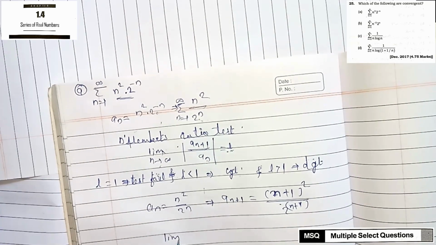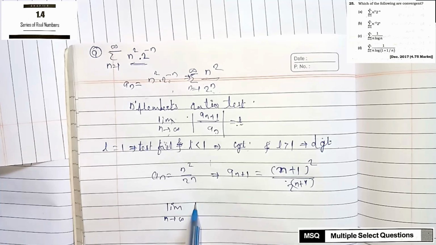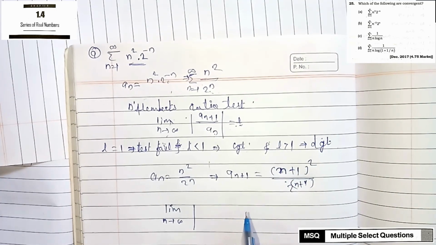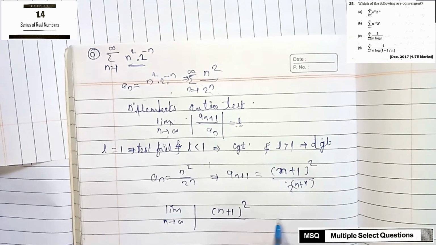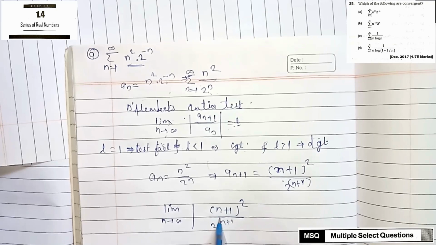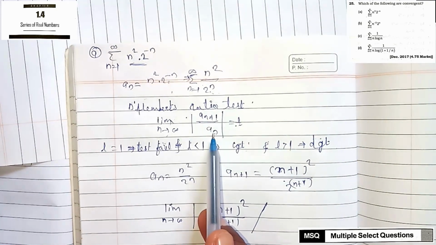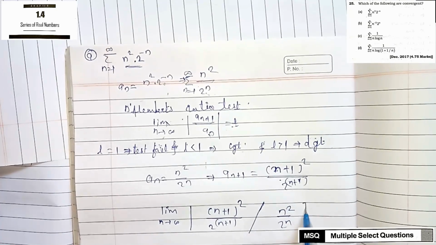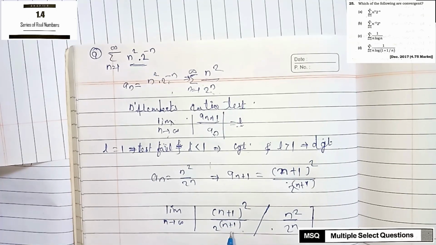So limit as n tends to infinity of the modulus of a_(n+1), that is (n+1) whole square upon 2 raised to n+1, completely divided by a_n, which is n square upon 2 raised to n. Now let's find the value of our limit.